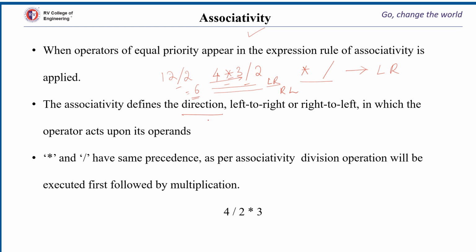Associativity tells whether it is left to right or right to left, in which the operators act upon the operands. Multiplication and division have the same precedence. As per the associativity, the operation that appears first from the left is evaluated first.